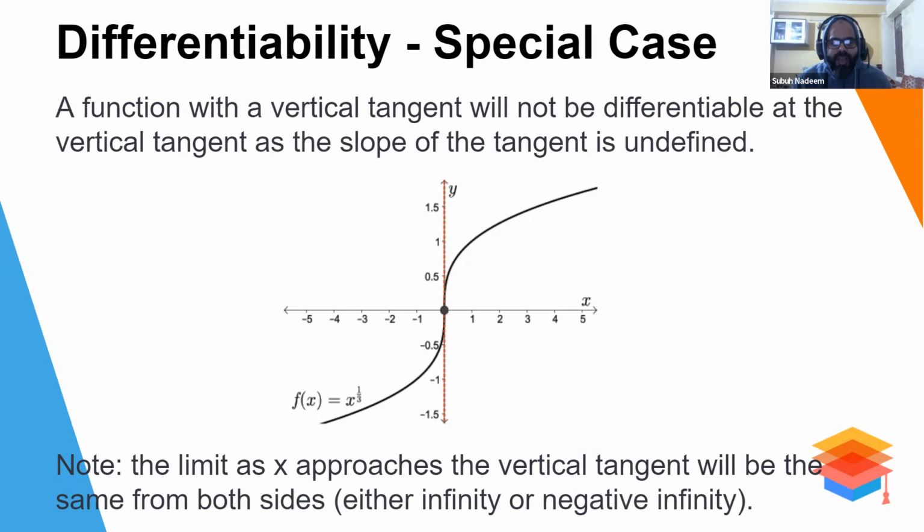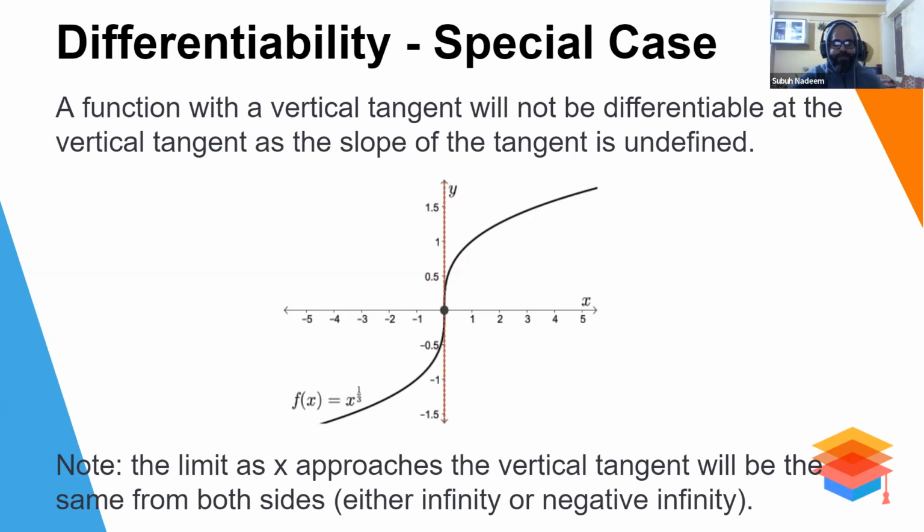This graph has at the origin a vertical tangent, that is the y-axis. So don't think that a tangent is a line which only touches a curve. It also crosses a curve. Here it crosses the curve at the origin, and this tangent has a slope which is not defined.